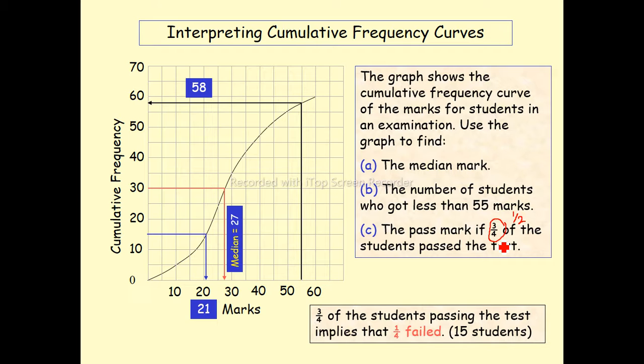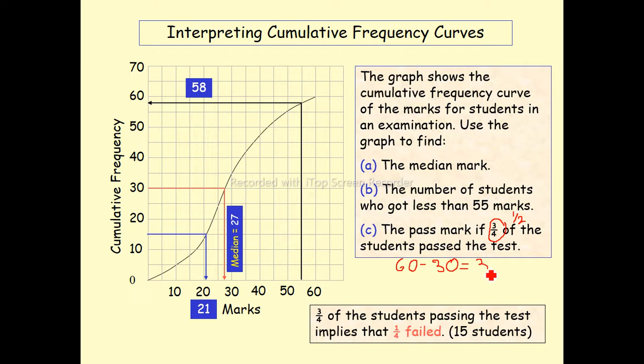27. Very good. Because that's going to be 60 minus 30. We know if half pass, that means that half failed, and that means that 30 people had to fail.